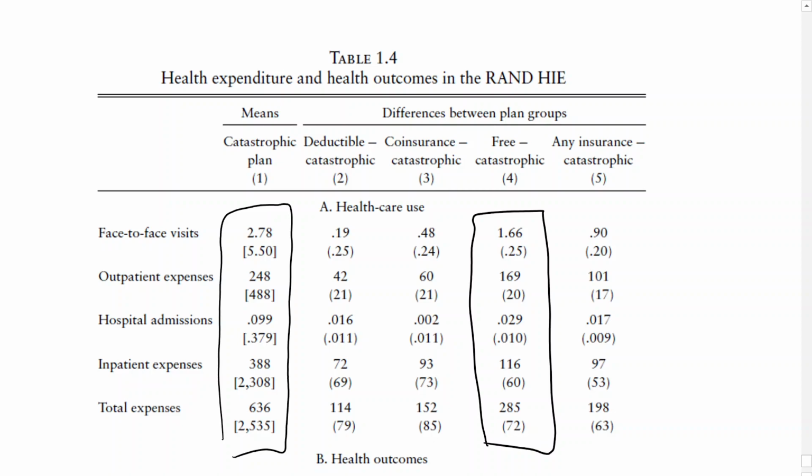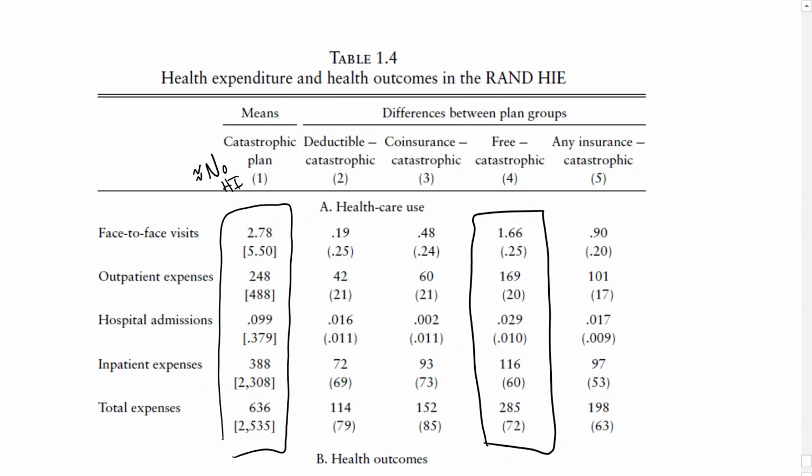So face-to-face visits, outpatient visits, hospital admissions, inpatient, and total expenses. So we have the means here and the standard deviations, and then we're comparing the differences between the groups. So people with essentially no health insurance in the catastrophic plan versus those with free health insurance.